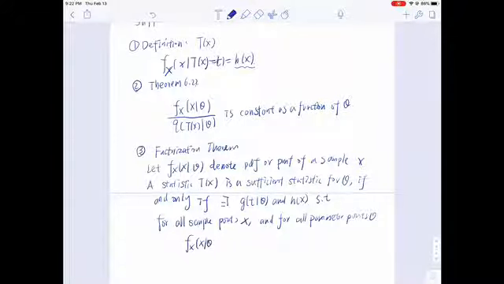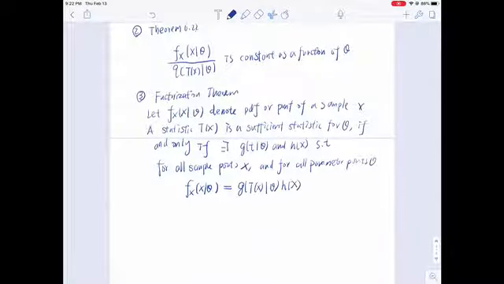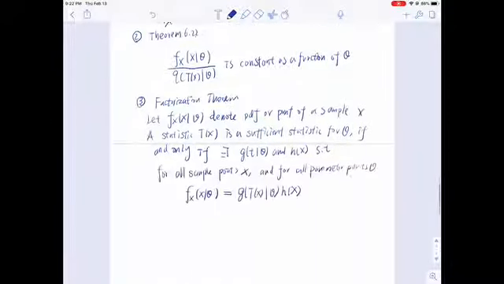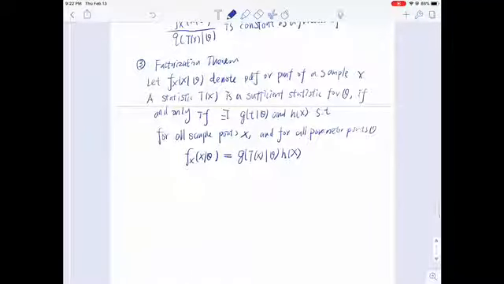So the PDF of x is equal to g(T(x)|theta) times h(x). In other words, we say that f(x) can be factorized into g and h.